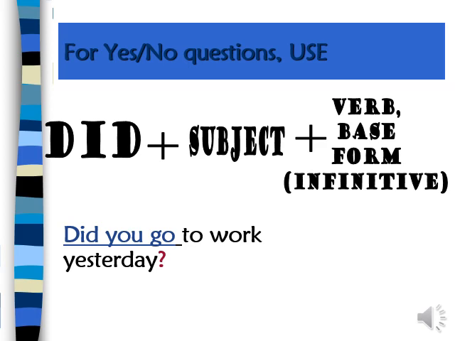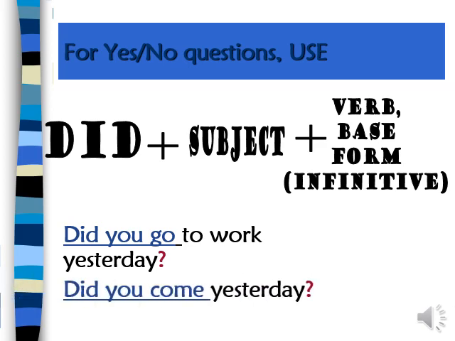Look at the verb go. This is the base form of the verb. We can't say, did you went? It will be wrong. So we should follow the structure. Did you come yesterday? Also come. Come here is the base form, verb 1.